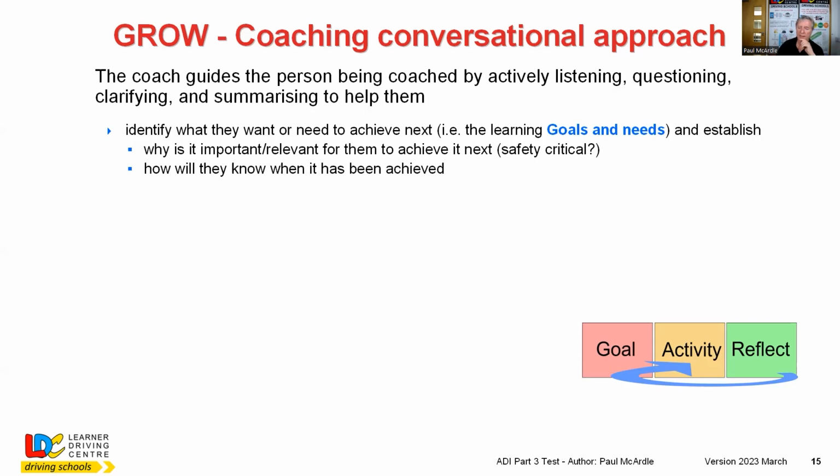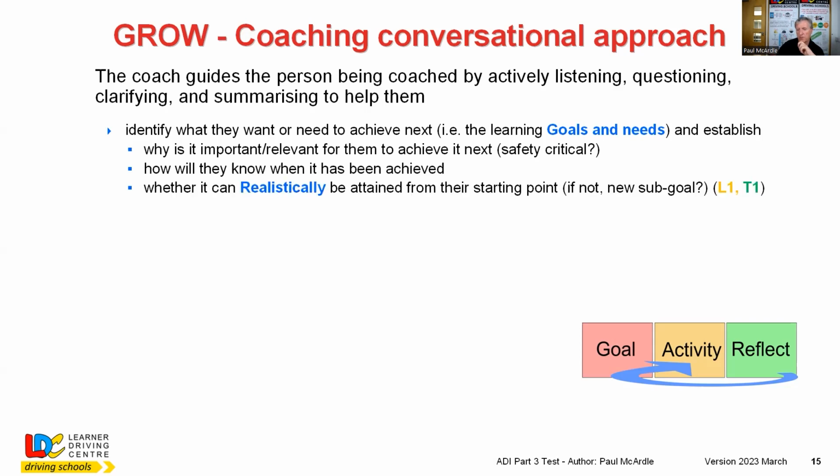So if it's a small progression, it has to be a very clear goal that they understand, and they have to know when it's achieved. Otherwise, how can they assess when they've been successful? You have to establish whether it's realistic.